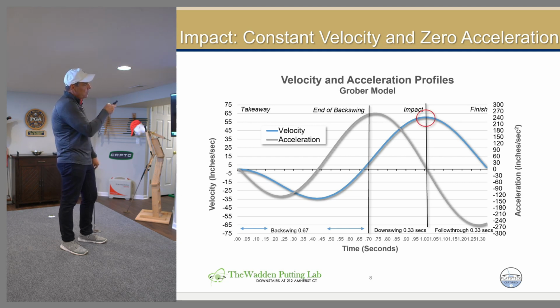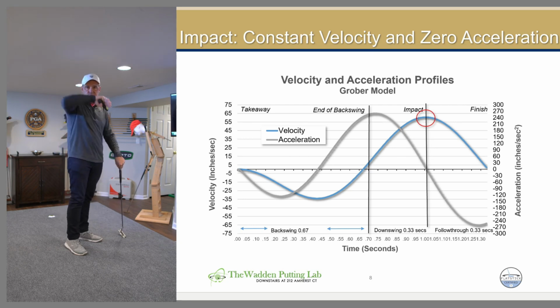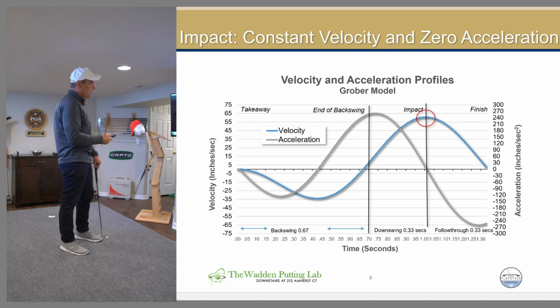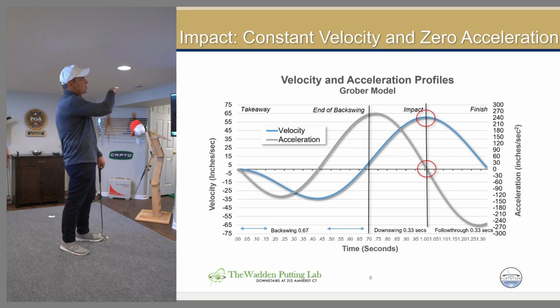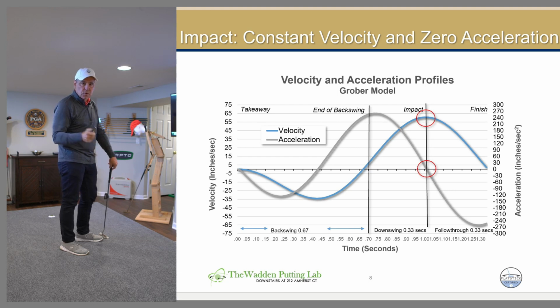You can see at impact, that vertical line, the velocity profile has reached a maximum. It's not going up anymore, it's not going down yet. It's reached a maximum and that velocity at impact is constant. You only get there when the acceleration has managed its way all the way down to zero. So zero acceleration is constant velocity.